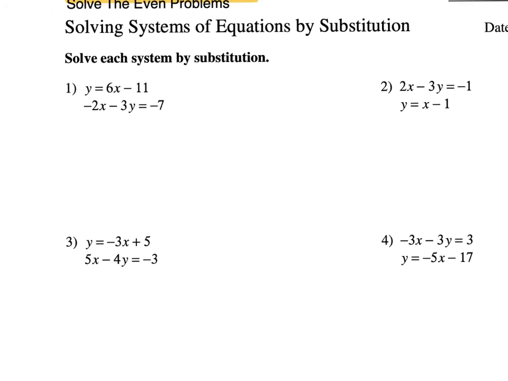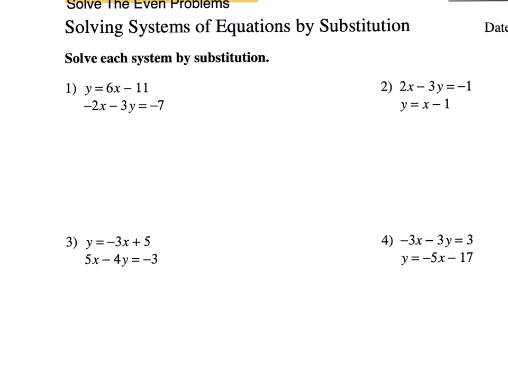So if we look at this first system, we've got y equals 6x minus 11 and negative 2x minus 3y equals negative 7. Now, just like in that first example, it just said x is this. Well, we've got a system here where it says y is 6x minus 11.